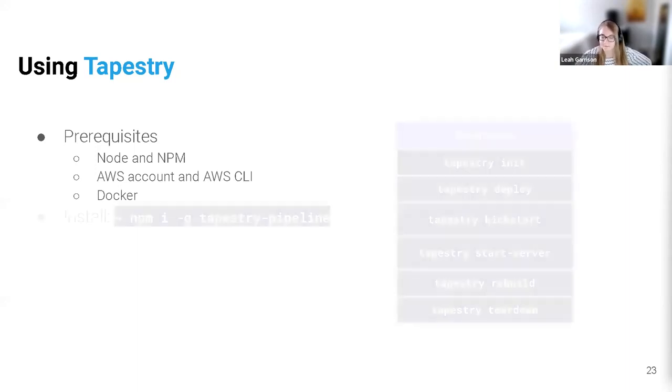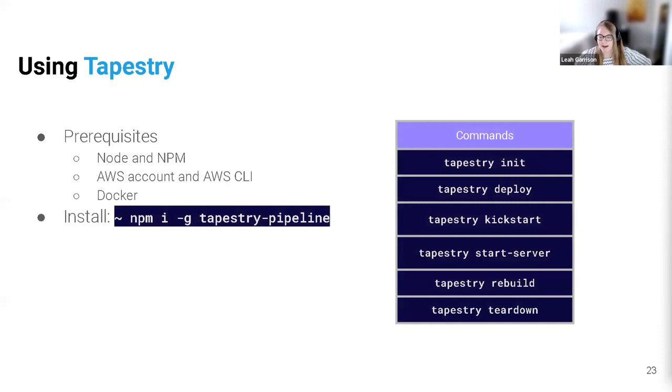Finally, users will also need to have a Docker account and have that set up on their machines too. After these first few steps, all you need to do next is to run the npm install tapestry-pipeline command with a global flag, and then a host of other commands and options will be given to you.